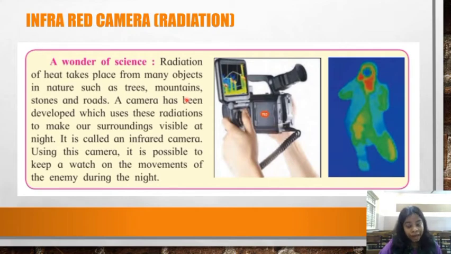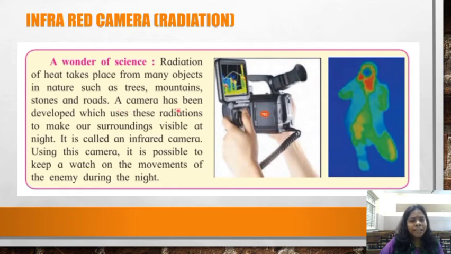If the human beings are radiating heat energy, if the buffalo, if the other animals are also radiating heat energy, then definitely the trees, because they are also living things, might be radiating heat energy. Trees, mountains, stones and roads. Yes children, every substance is absorbing some part of heat energy and reflecting back, giving out some part of heat energy. Even the non-living things.